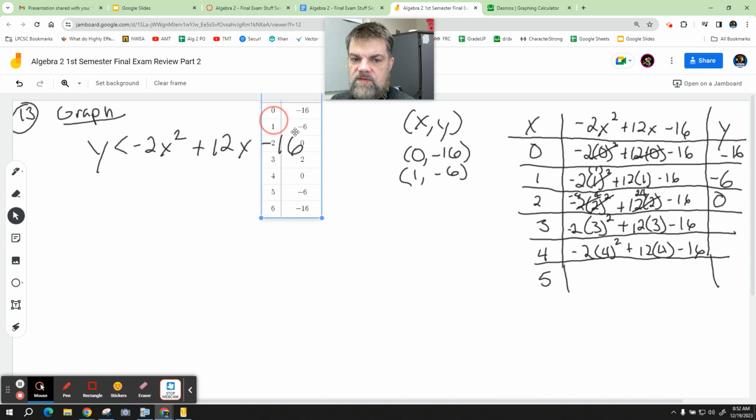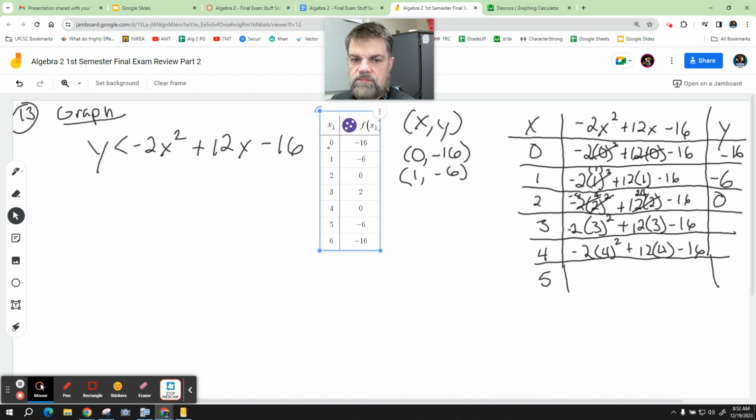What this means is that when x equals 3, your y value will equal 2. If I do all the math, it'll equal 2. If I plug in 4, I'll get 0 again. If I plug in 5, I'll get negative 6.